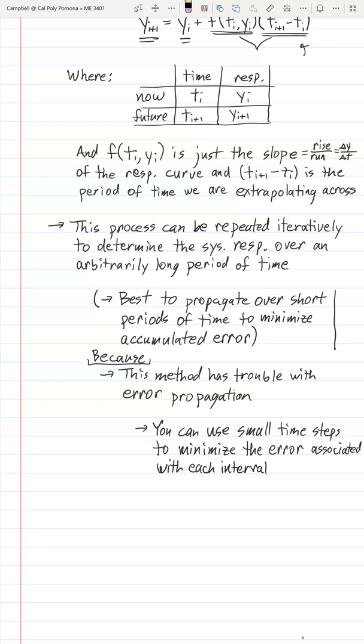So the price we pay is we have an approximate response curve. The wonderful thing that we get for that estimated response curve is we can effectively integrate any first order ODE where the side that doesn't have the derivative on it is able to be evaluated. That's it. In our case, that was the right-hand side.